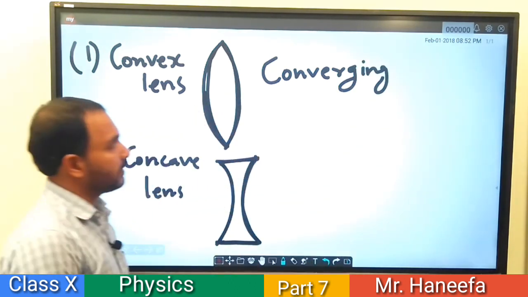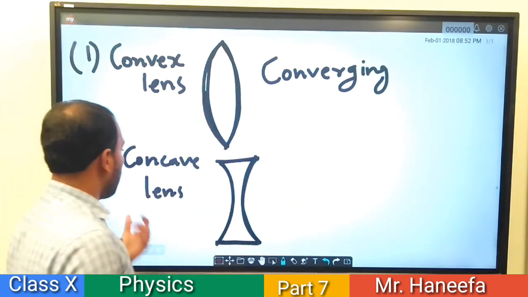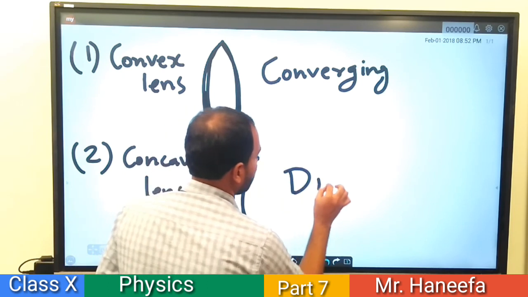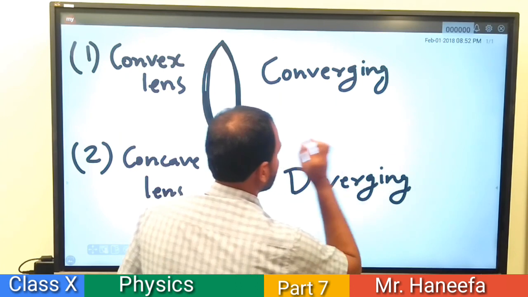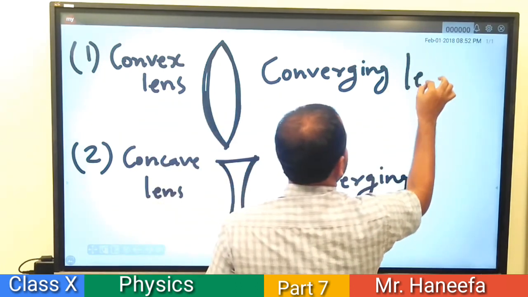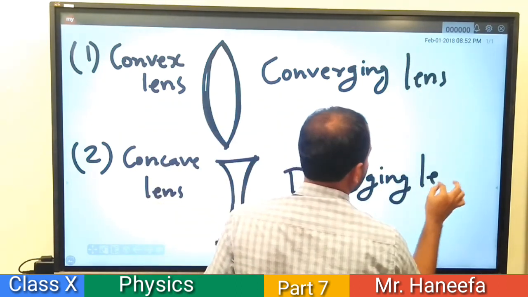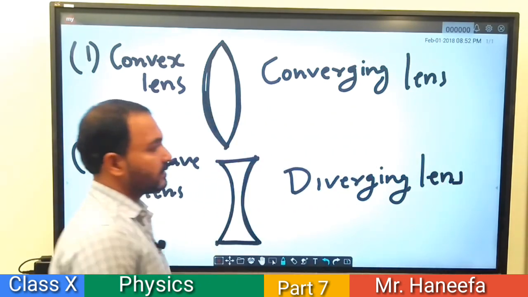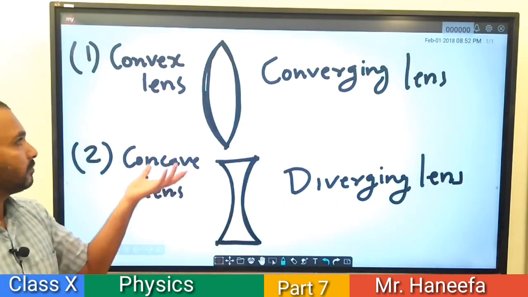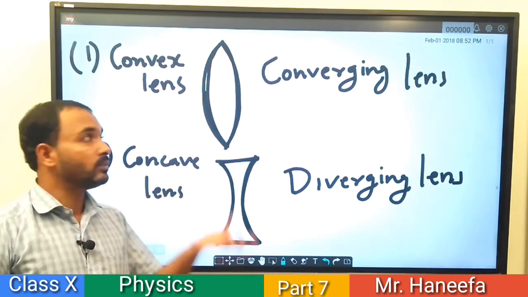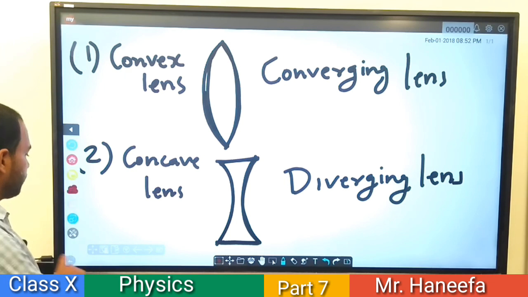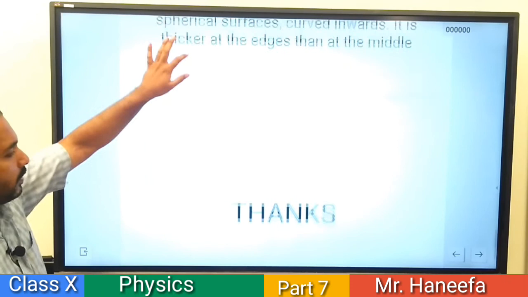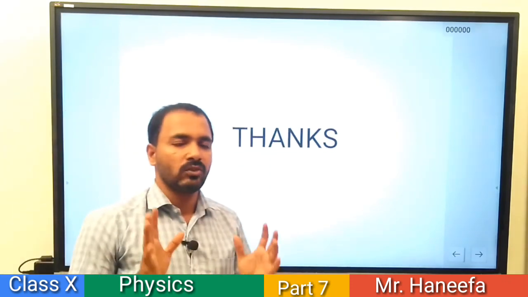The concave lens is also called a diverging lens. These are the other names of the convex lens and concave lens. So this is about two types of lenses.